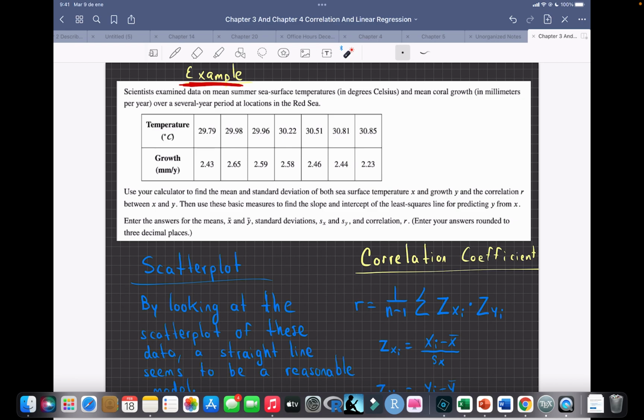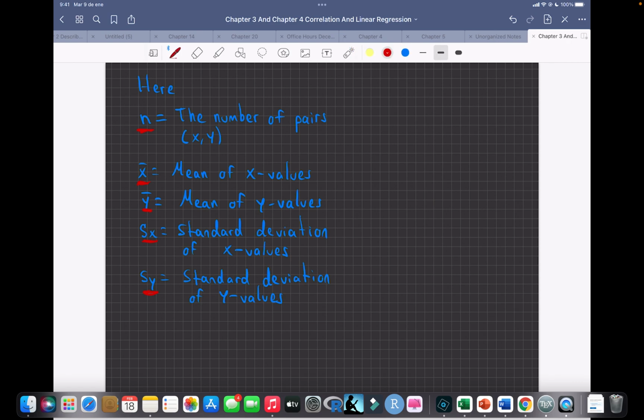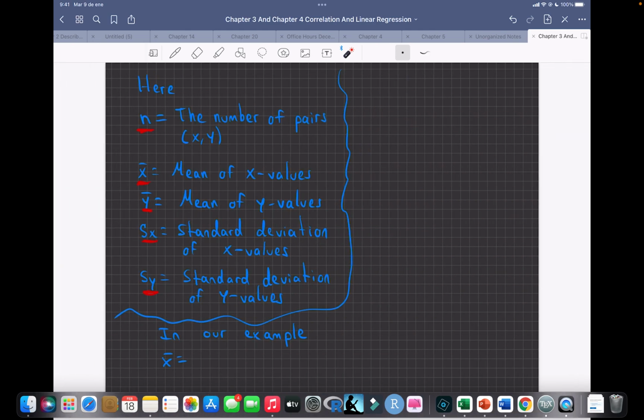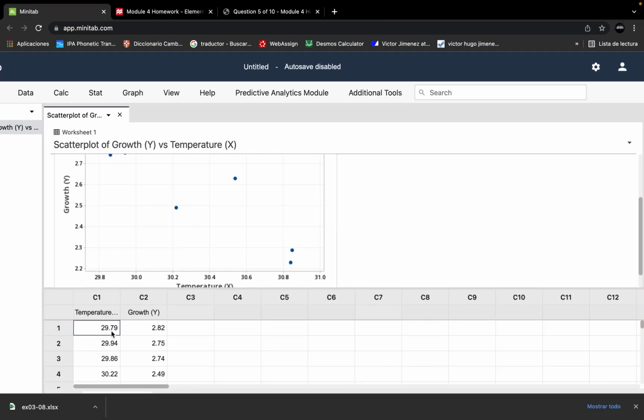So let's see first what the mean and standard deviation are in our example. X bar is equal to what? How do you compute this? Well, you will have to sum all the values and divide them by 7 for the X values to compute the X bar. But you can do it in Minitab, and the same for the Y. That's why I put the numbers here.